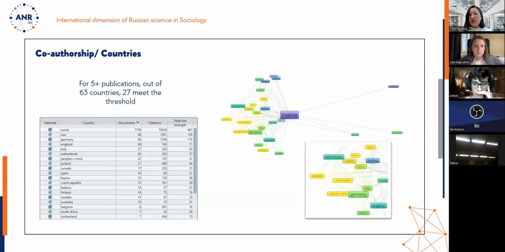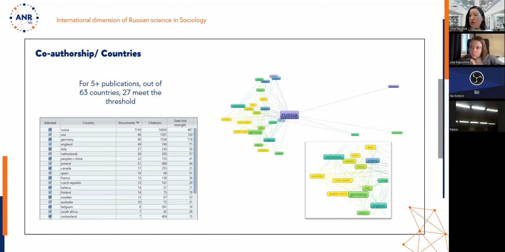For the structure of collaborations with different countries, for the sociological data set, we had 63 countries in total. If we have the 5+ publications threshold set for 30 years, we have only 27 countries left. There is so-called old geography, traditional geography, with the countries of Europe, for example, the United States, and there is so-called new geography, which also probably requires further exploration.